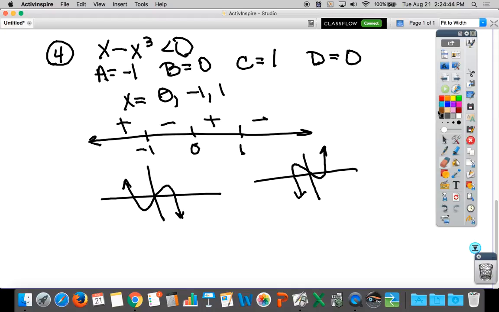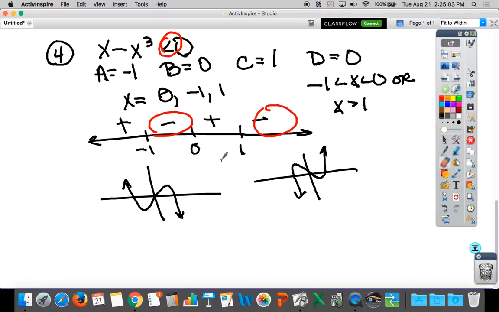Now, which one of these do I want? Which sections? Negative. Okay? So, I have the section between -1 and 0 and the section greater than 1. So you may have more than one section. That's how you put it. So questions with that one?